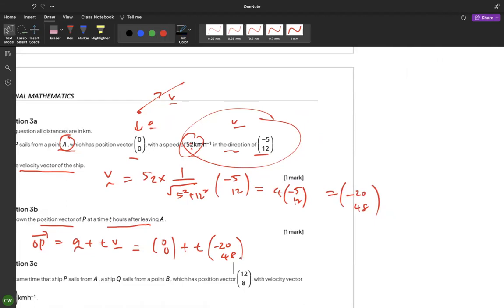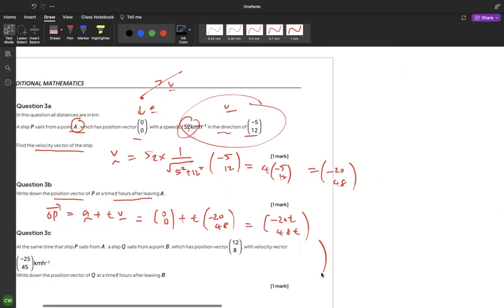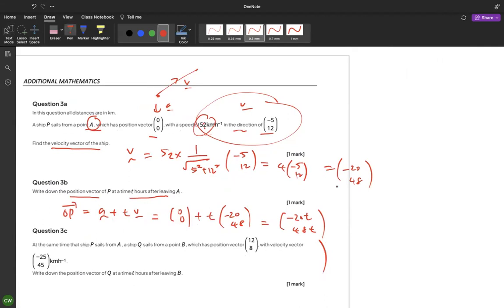So this is the answer. The 0, 0 you don't have to consider. This is just minus 20t and 48t.